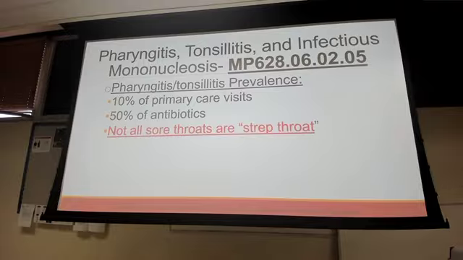About 50% of these patients do get antibiotics, and we'll talk about that. But just remember that not all sore throats are strep. And we'll talk about strep, so streptococcus pharyngitis, group A beta hemolytic strep, so those are the same things, we'll talk about that.